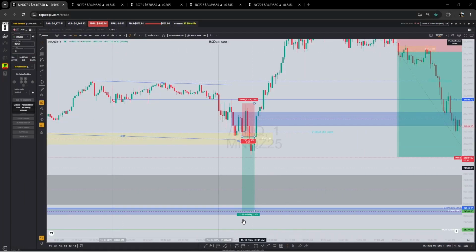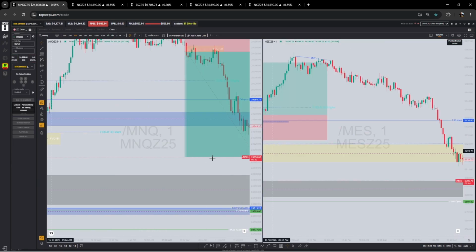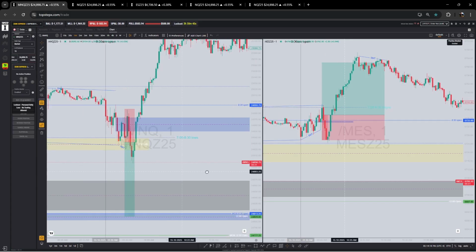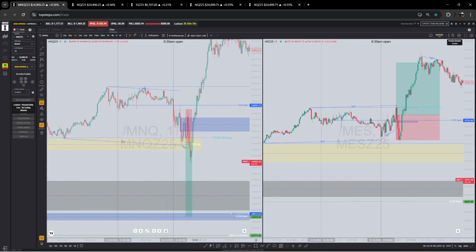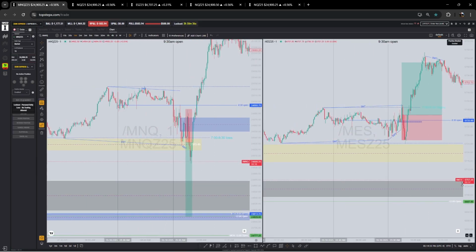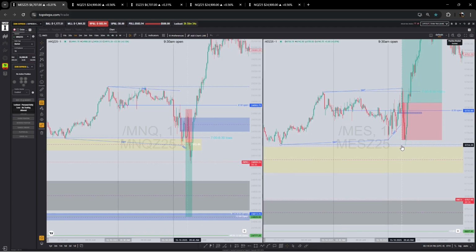When we have SMT at the low and SMT at the highs, and one gets invalidated, price normally turns around and trades in that direction. So the SMT at the lows here was invalidated when price came down and took this low right here, and now we had SMT at the highs.